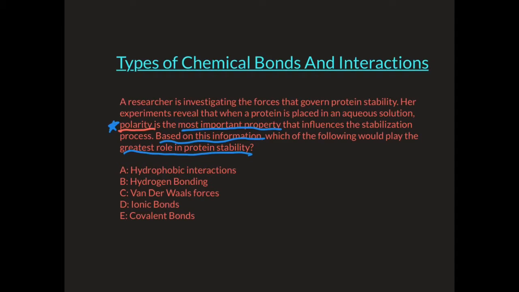Now, what is polarity? Molecules or compounds like water are very polar because they have an uneven distribution of charge, and oil molecules are nonpolar because they have an equal distribution of charge.